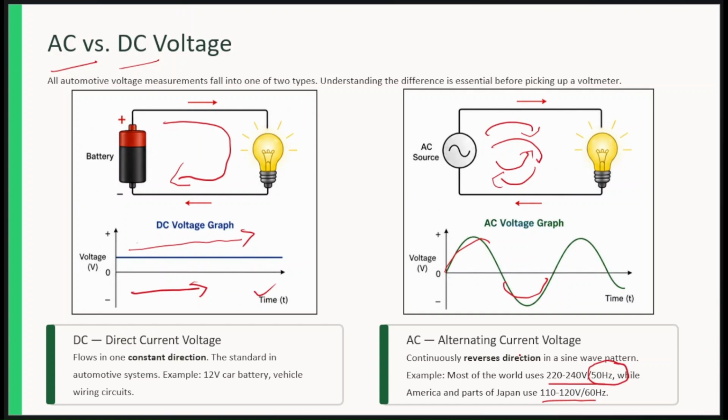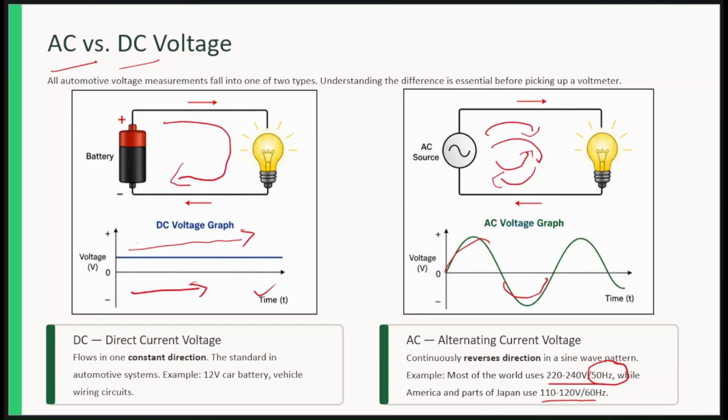This is called hertz. It is nothing but frequency. How many times the polarity changes in a second is denoted by this frequency. That means 50 hertz means 50 times it is changing.